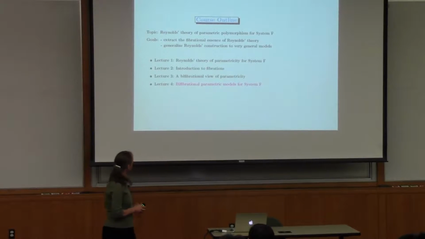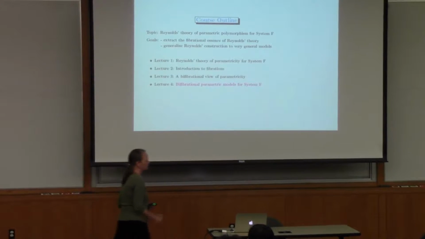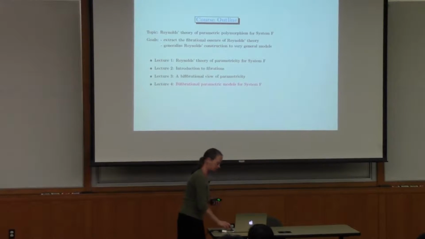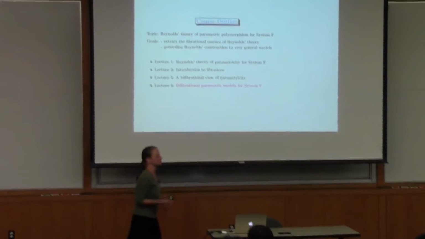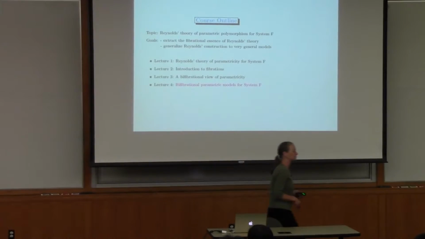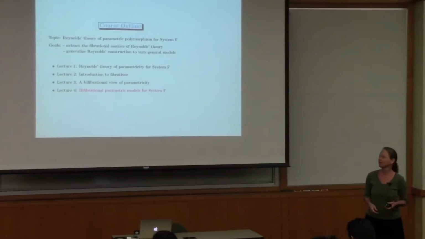So remember, of course, that the topic of this course is models of parametricity, or parametric polymorphism for system F. And what we're trying to do is extract the fibrational essence of Reynolds construction. And we've done most of the work for that now.